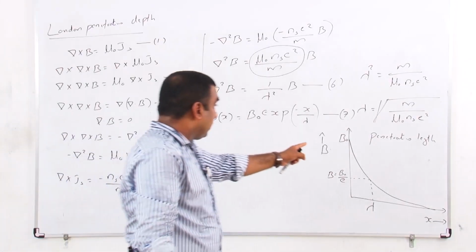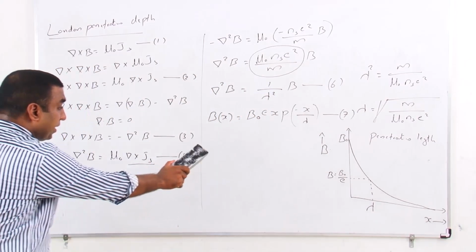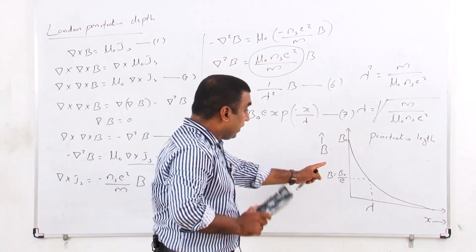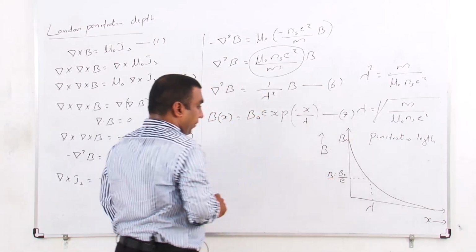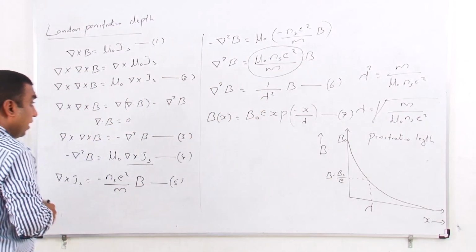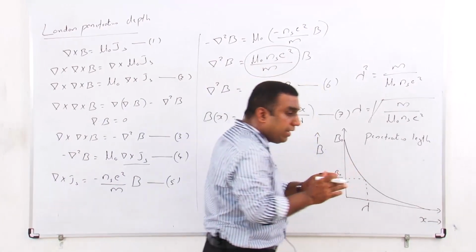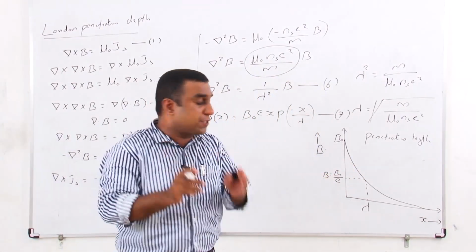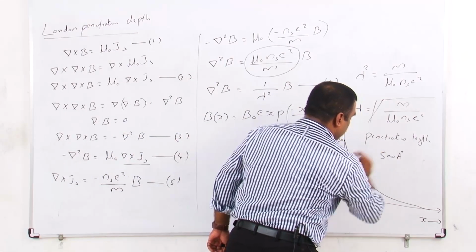It further indicates that this penetration is in complete agreement with the Meissner effect. The penetration depth is verified in a number of cases and is found to be in agreement with its experimental value, which is about 500 angstrom.